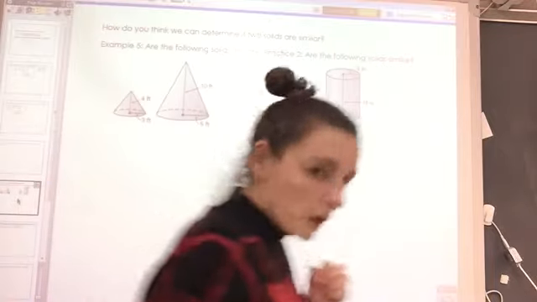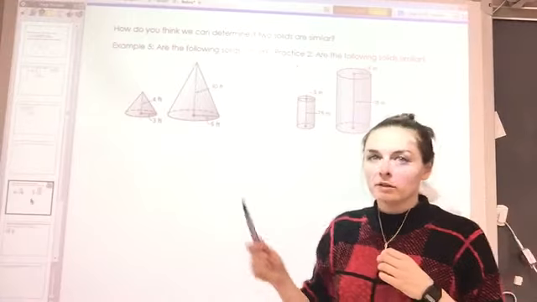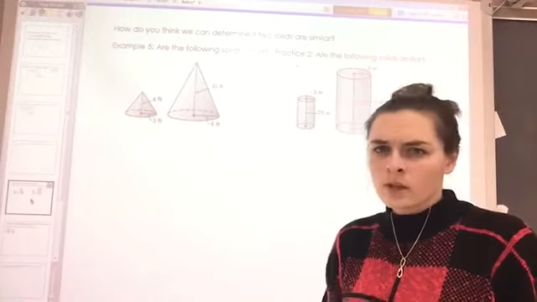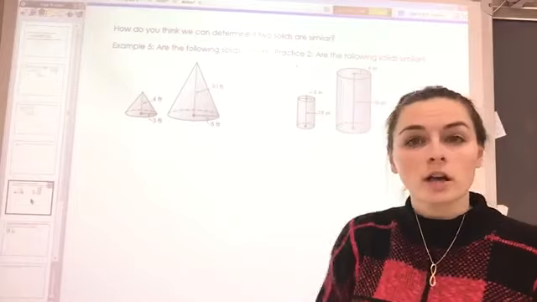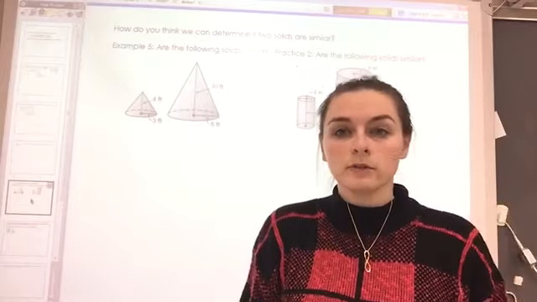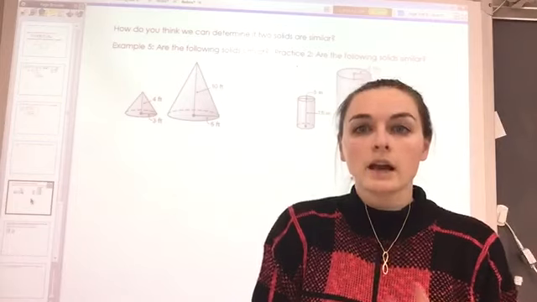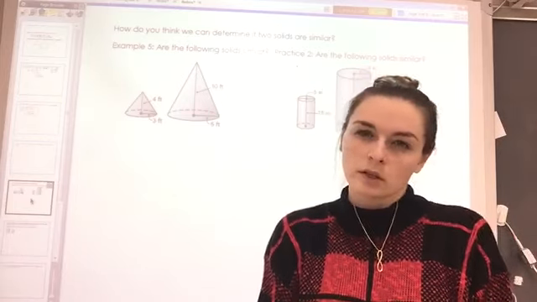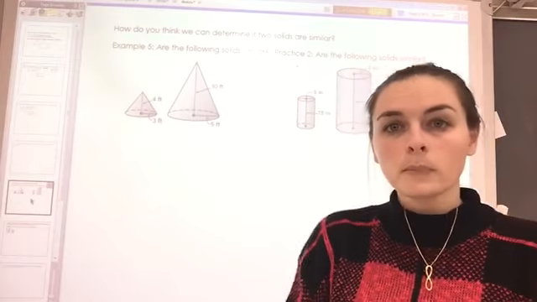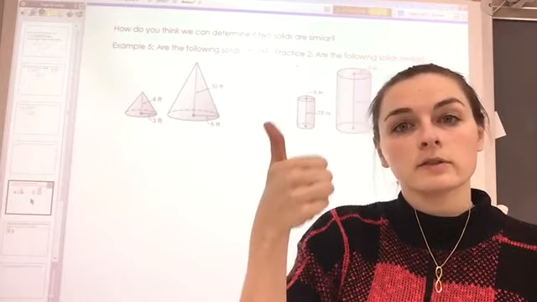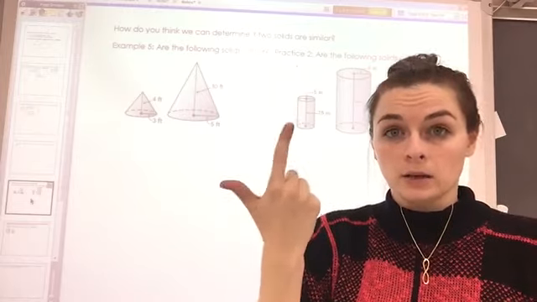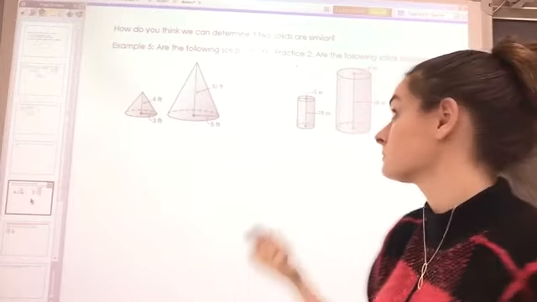The next part is talking about how we determine whether we have two similar solids. If we think back to what we were just talking about with similar 2D figures, like triangles, we talked about corresponding angles being congruent and corresponding sides being proportional, right?